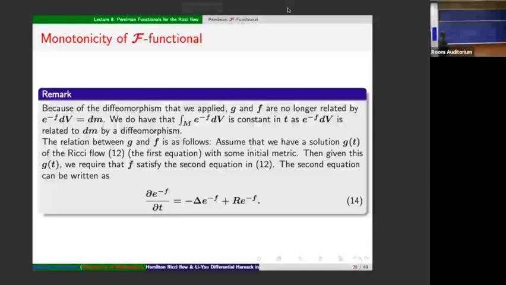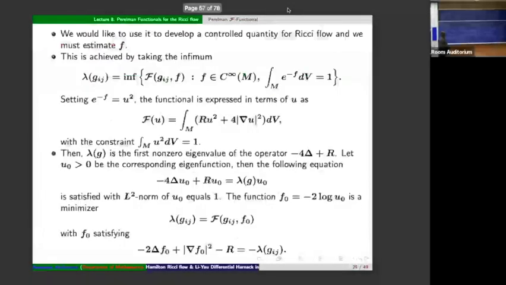We can use this energy function also, but we define the infimum of f to be this. This is just a transformation to say that lambda, the infimum here, is going to be an eigenvalue of this operator.